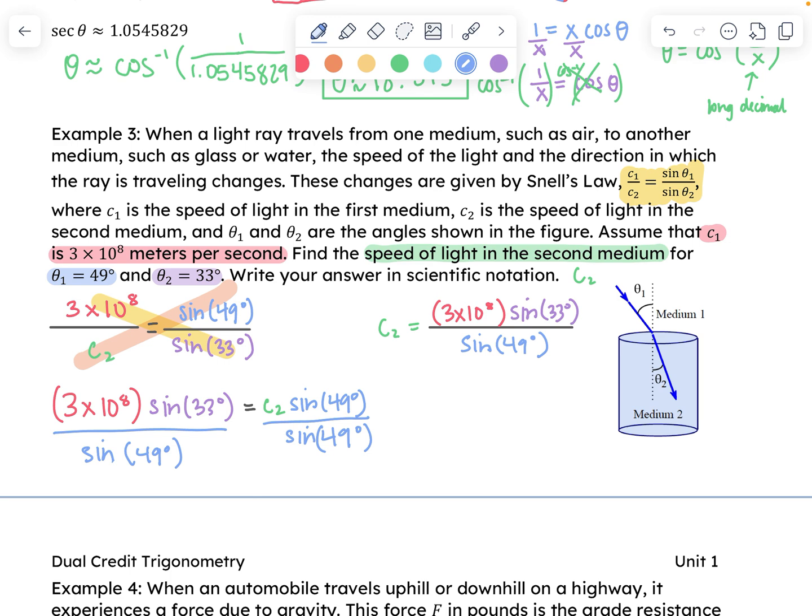So 3 times 10 to the 8th times the sine of 33 over the sine of 49. And my calculator spits out that C2 is equal to 216496139.4.